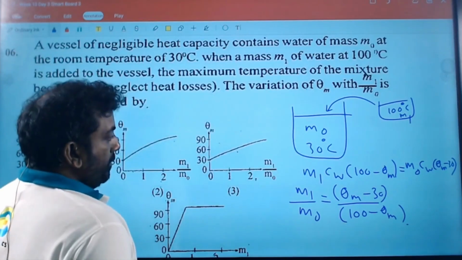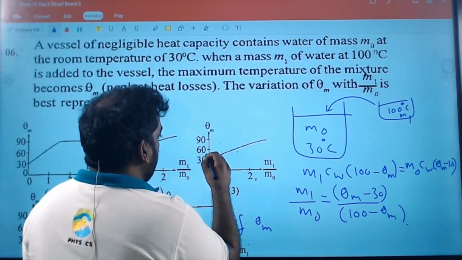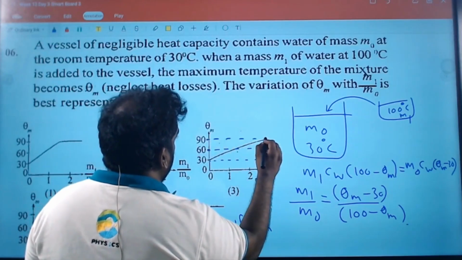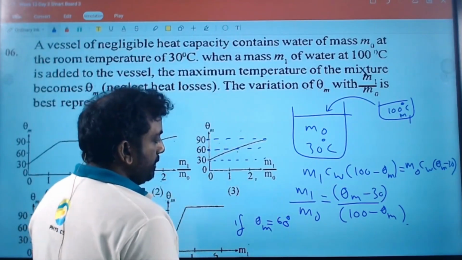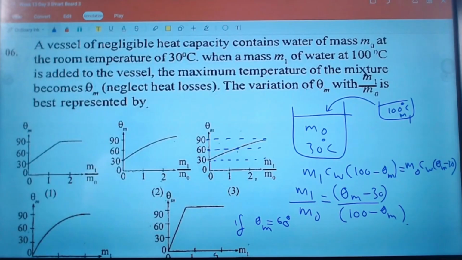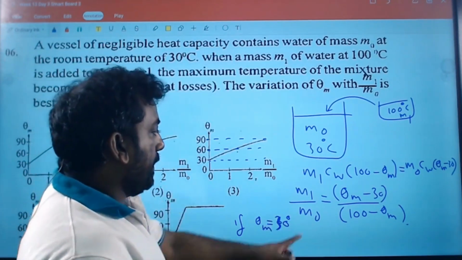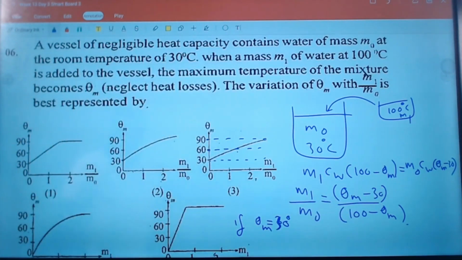So you can do some basic substitution. If you look at this, they are given in 3 places. Theta m 60. Sorry, theta m 30, let's say. 30 minus 30 is 0. M1 over M0 is 0.